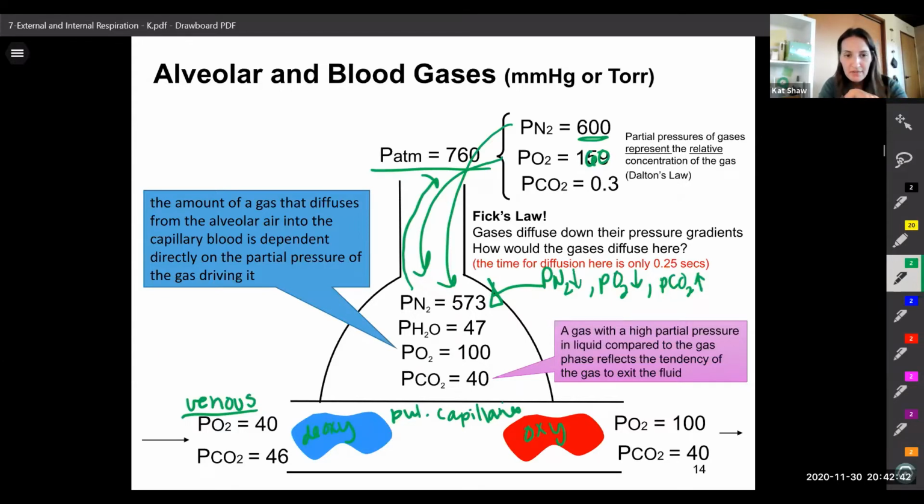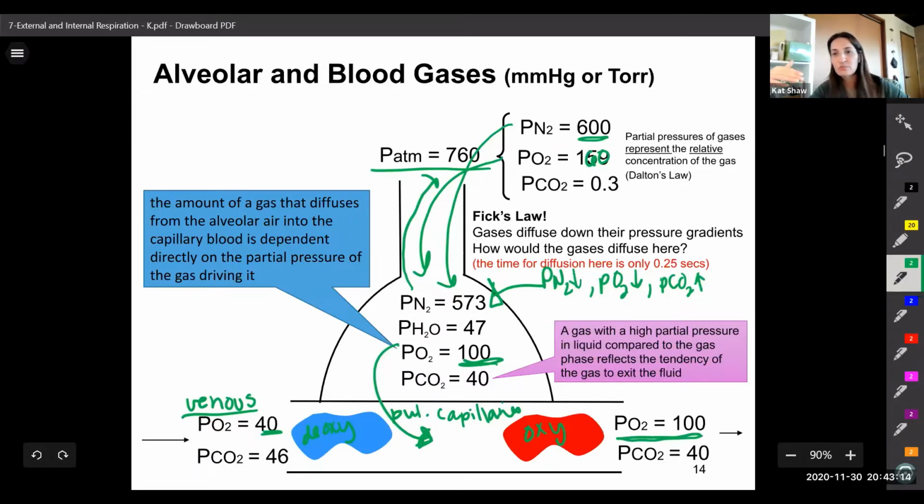And then we compare that to the partial pressure in the alveolar space, and the partial pressure is higher in the alveolar space, which means that the oxygen is going to want to diffuse into the blood, down that partial pressure gradient. And that oxygen will continue to diffuse during the transit time that's described later on, in that short transit time, until we reach equilibrium.